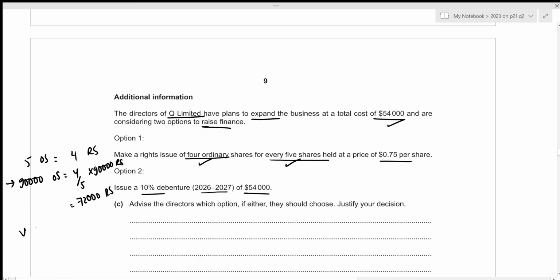And the value of the rights issue is just going to be the number of rights shares, that's 72,000, multiplied by the rate at which it is being issued, which in this case is 0.75. And this gives the value of 54,000 as well. Okay, so the value raised by option 1 as well as option 2 is the same.